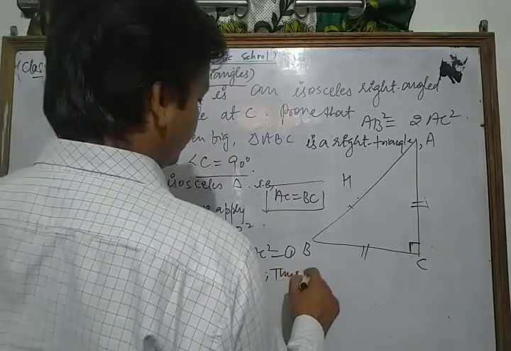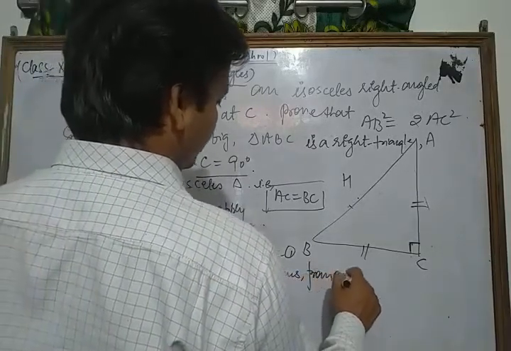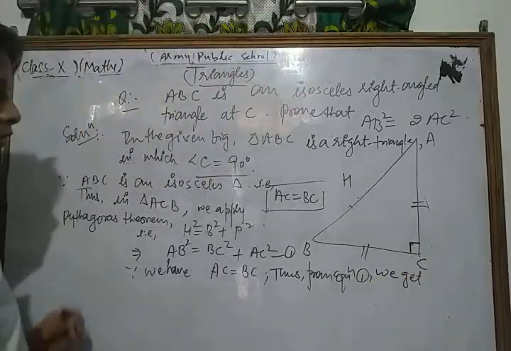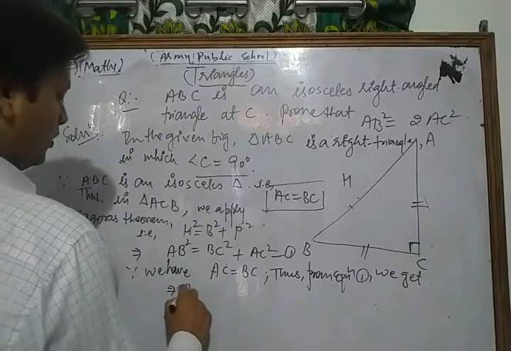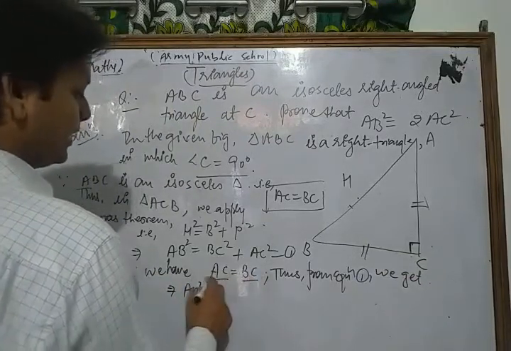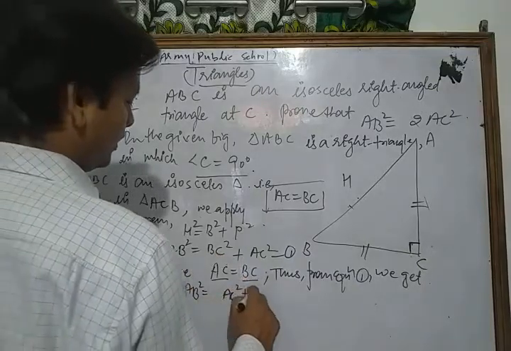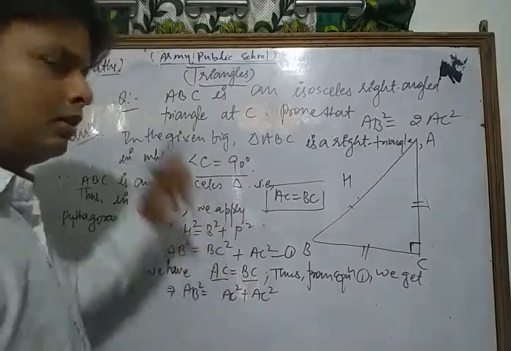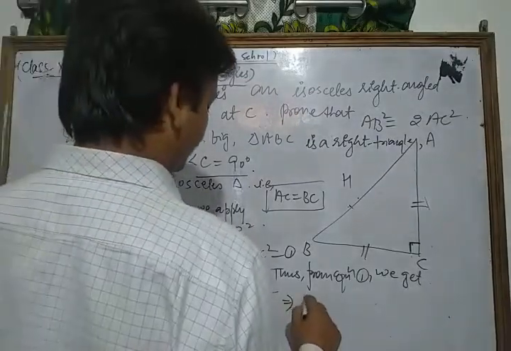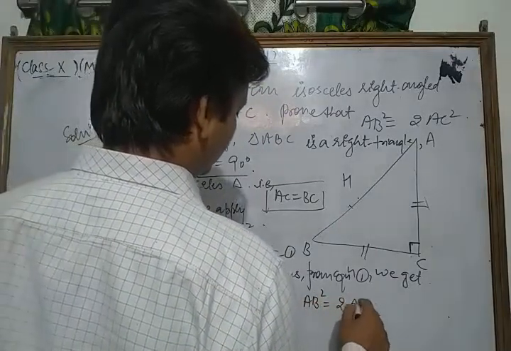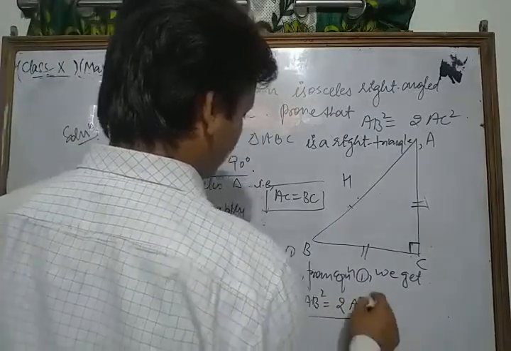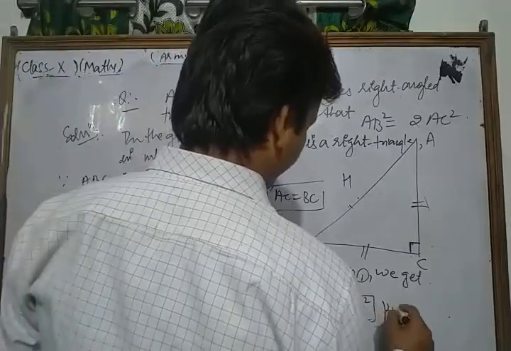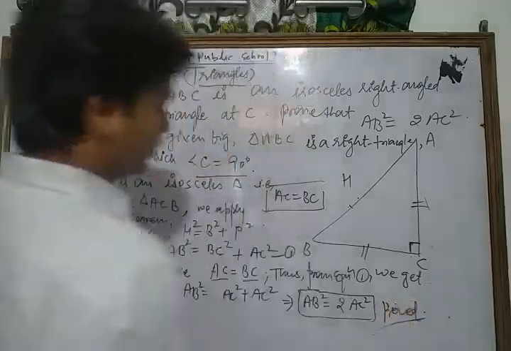Thus from equation 1 we get AB square is equal to BC square plus AC square. Putting BC as AC, we get AC square plus AC square, that is 2 AC square. So we get AB square is equal to 2 into AC square. Hence proved.